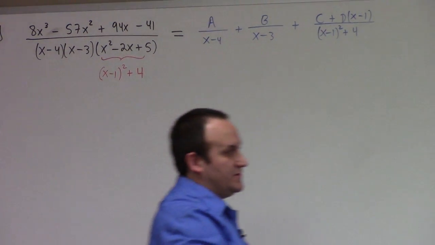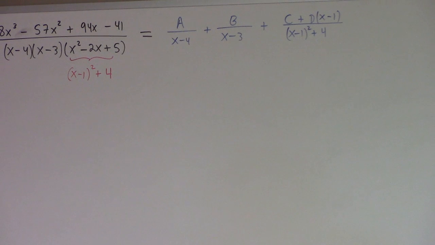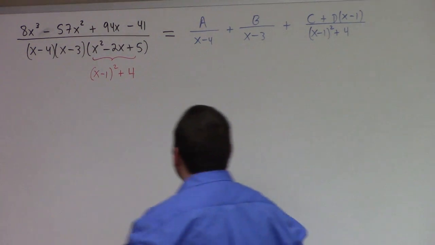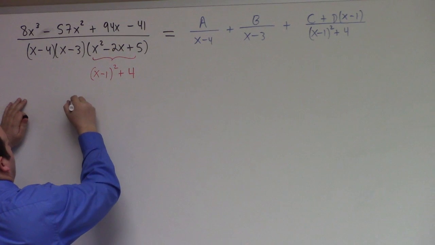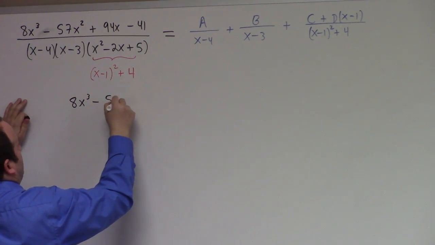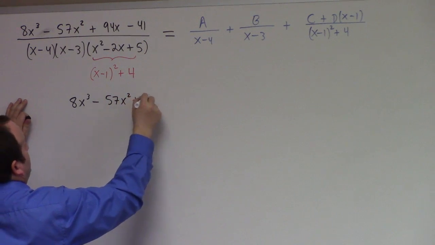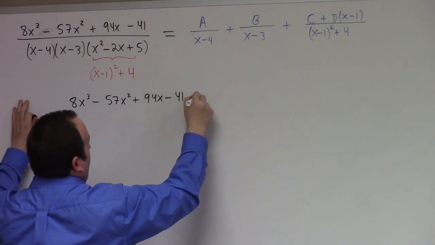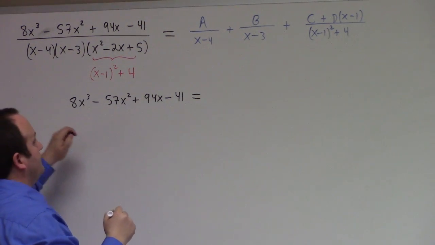Just like with my first example, before I got distracted with hyperbolic nonsense. Right? So we multiply by the denominator on both sides. What's that give us? That brings us to 8x cubed minus 57x squared plus 94x minus 41. All I'm doing is copying down the numerator, right? And then here's where I got to think a little bit.